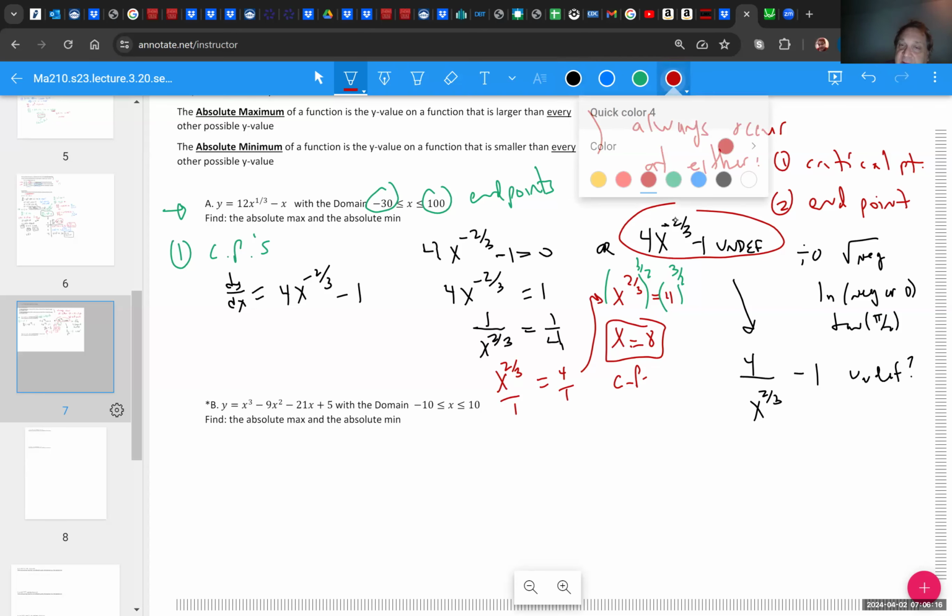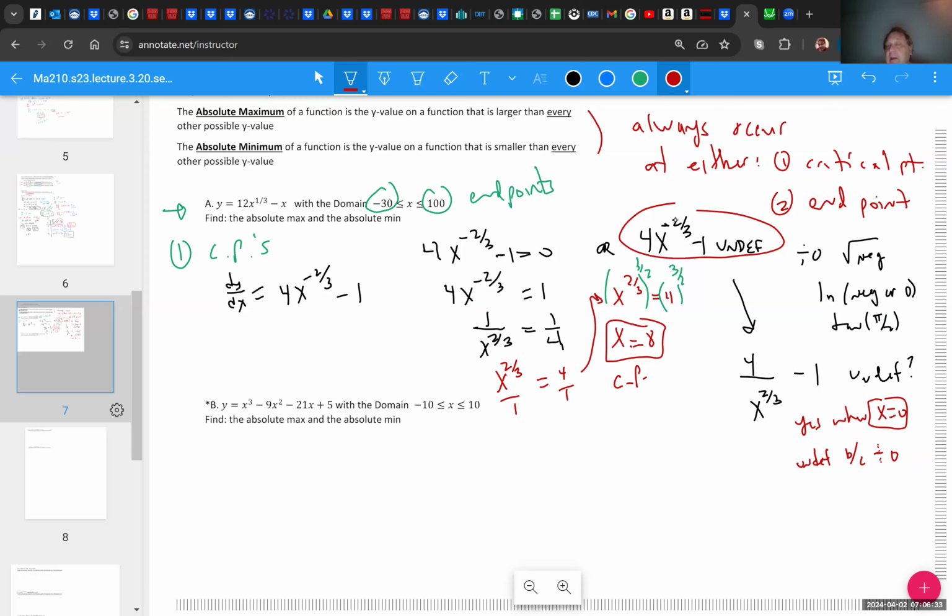Yes, it is undefined. So when x equals 0, it's undefined because you divide by 0. Not allowed to divide by 0. You can try to divide by 0, there's just no answer. So x equals 0 is another critical point because it is where the first derivative is undefined.